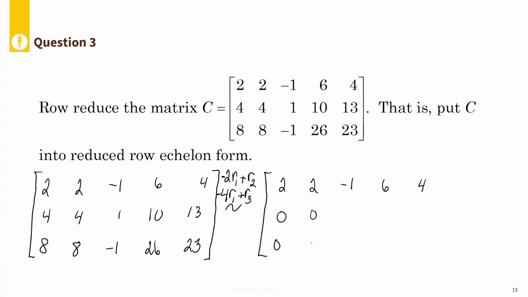And look what happens to the second column too. First 2 columns are identical, so first 2 columns in your row equivalent matrix will also be identical. That's nice.